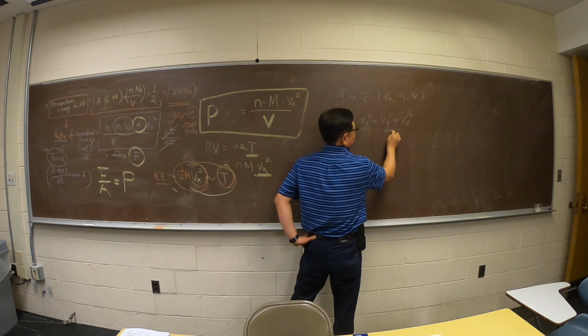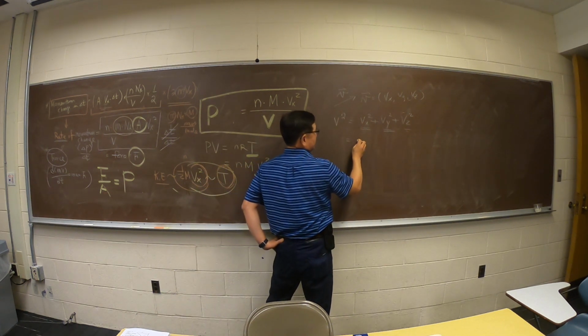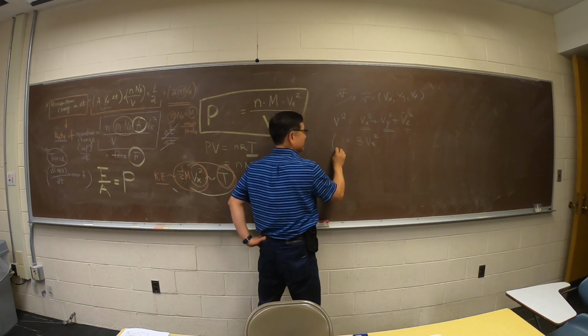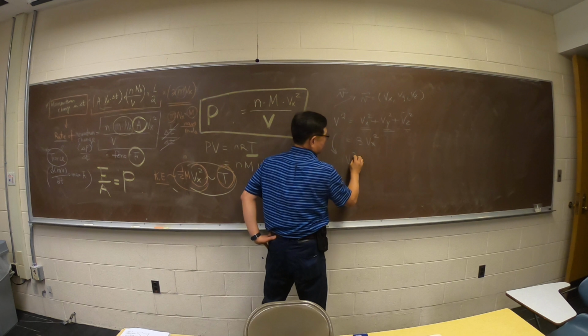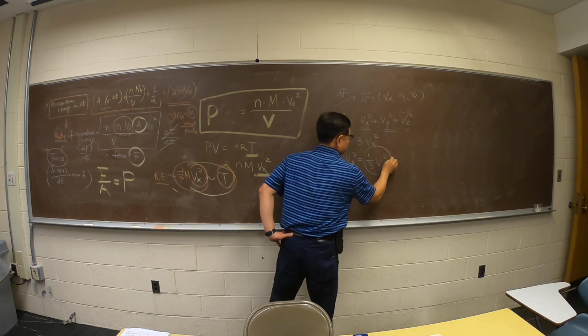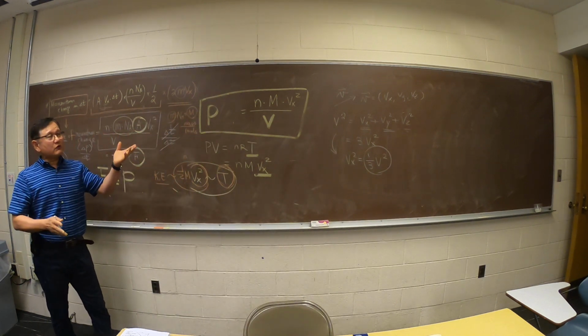Essentially, we just took it as our convenience. So I can say this is essentially 3 times Vx squared. So therefore, Vx squared is 1/3 of the speed squared.